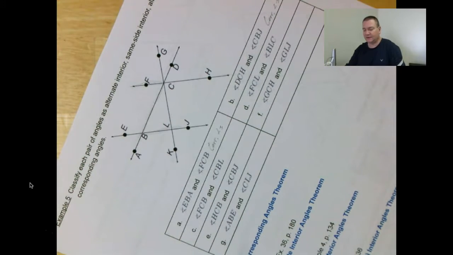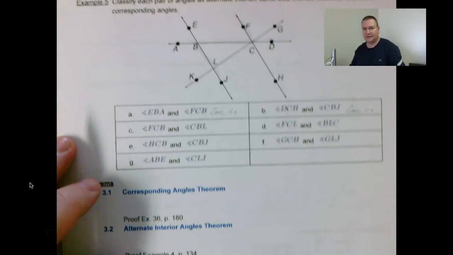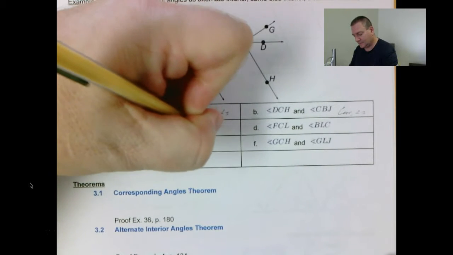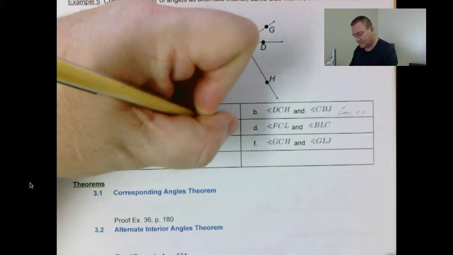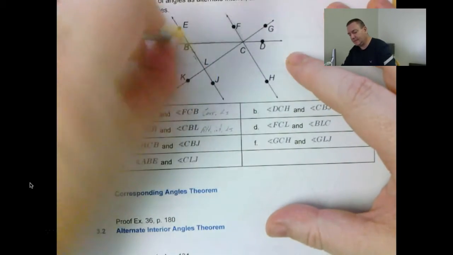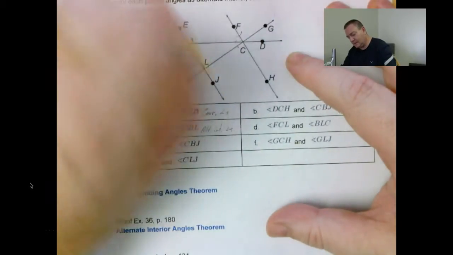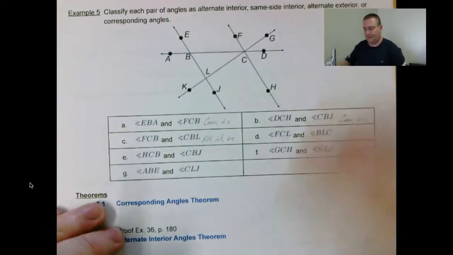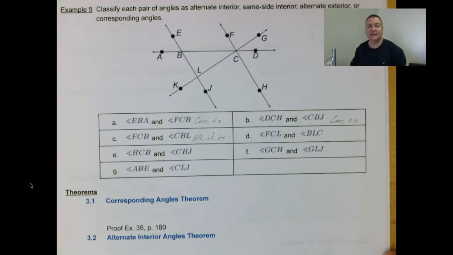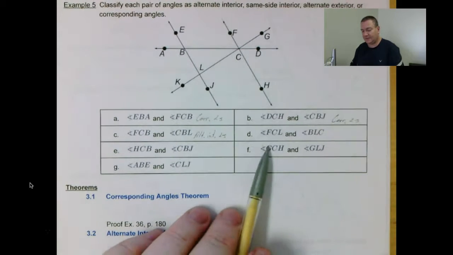And the pair of angles that always make a Z-like shape are alternate interior angles. So they are alt-int angles. Let me erase that. Okay. So you want to look for that Z-like shape for alternate interior angles.